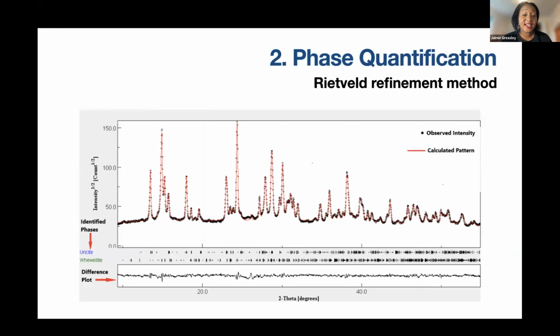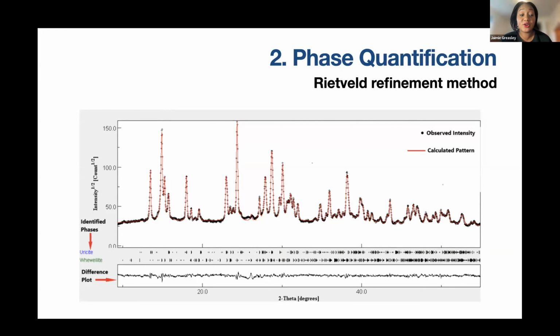So the second step is phase quantification. In phase quantification, the method that I looked at was the Rietveld refinement method. You want to exactly model everything that you're getting in your data. The black line is the experimental data, and the red line is a calculated pattern.